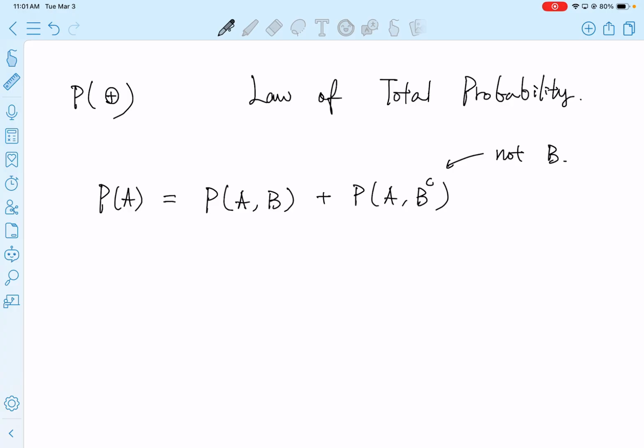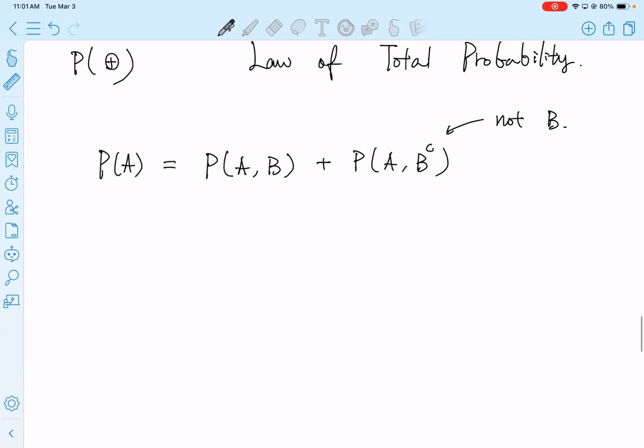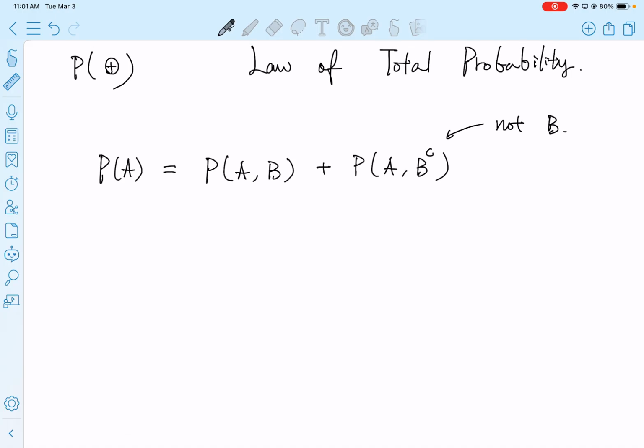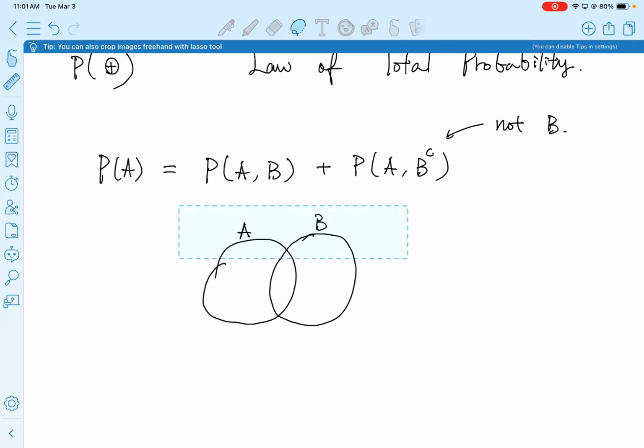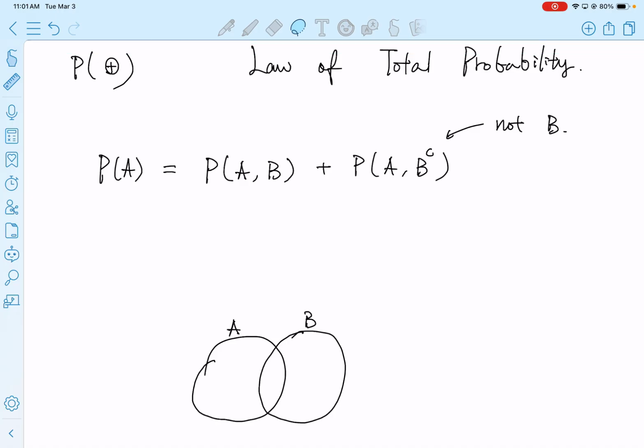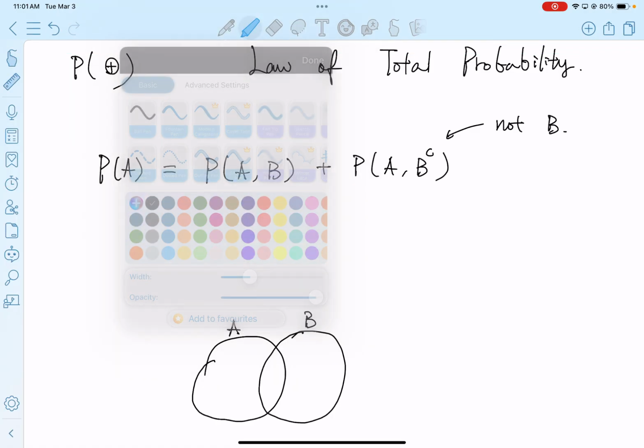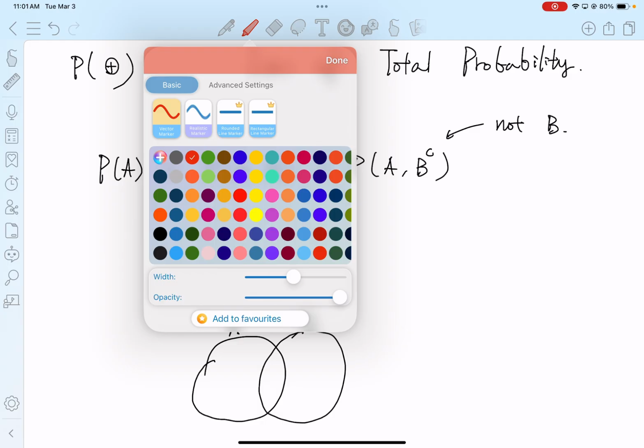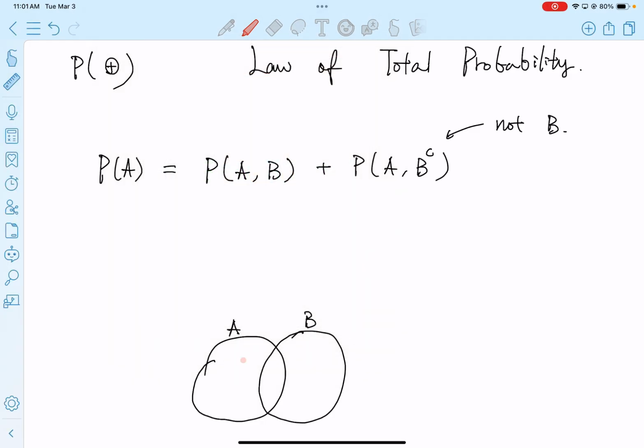We can also provide a visualization in a Venn diagram to observe this. For example, we have a circle for the event A, and then we also have a circle for the event B. Let me color this region in red.